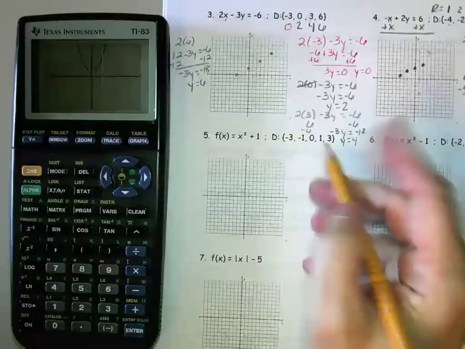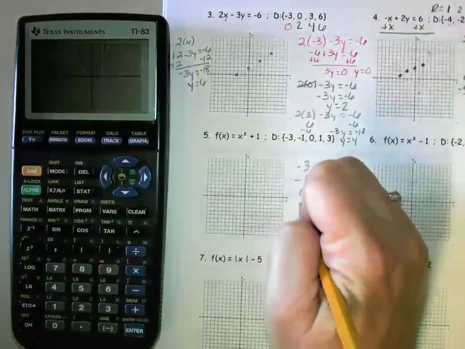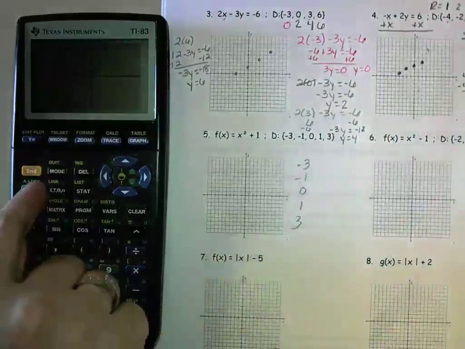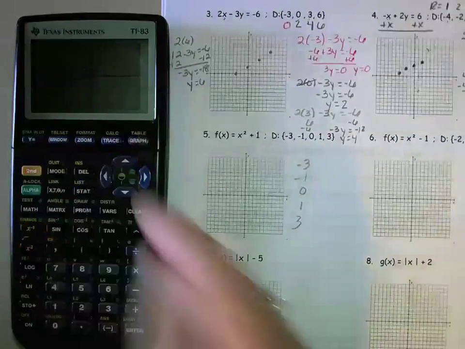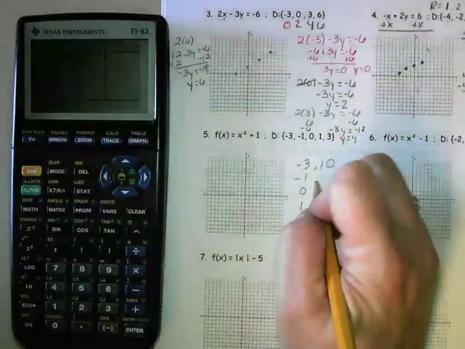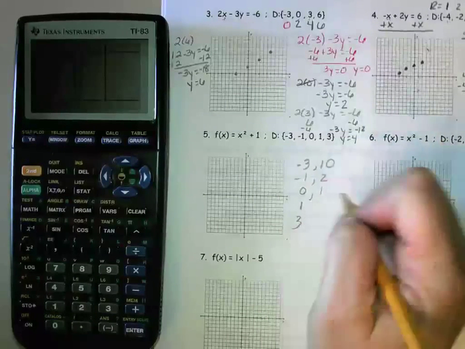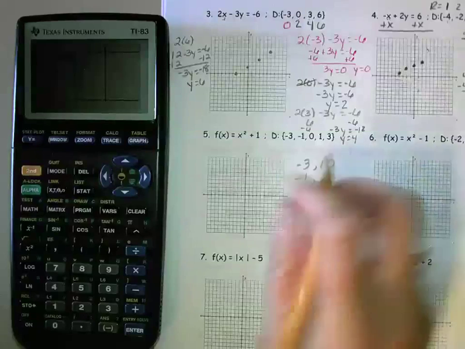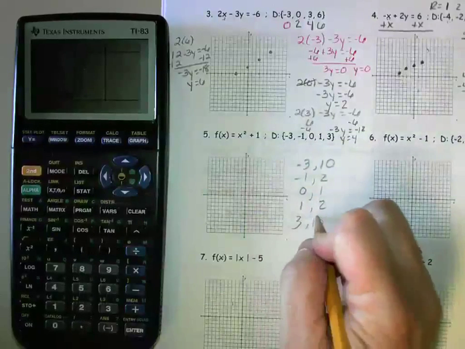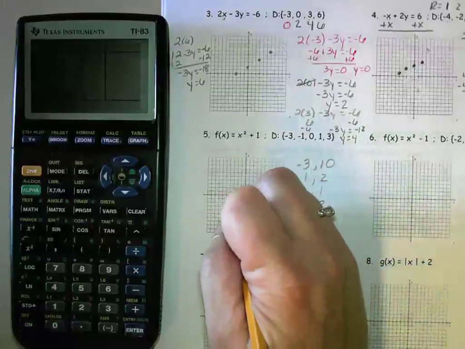We only need the values for negative 3, negative 1, 0, 1, and 3. So I'm going to do second table, and this will be negative 3, 10. Negative 1, 2, 0, 1, 1, 2, and 3, 10. So negative 3, 10.